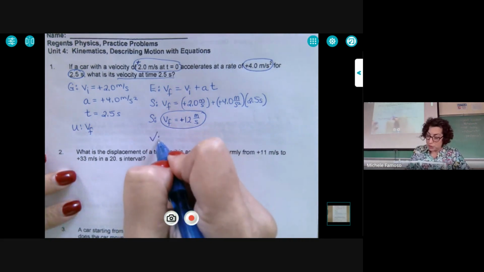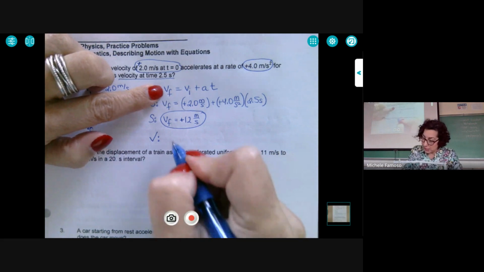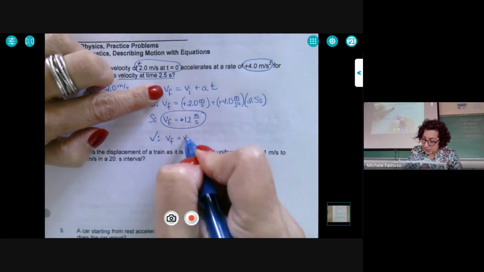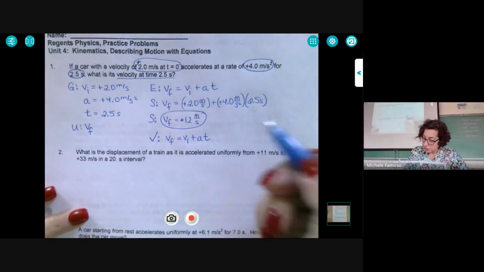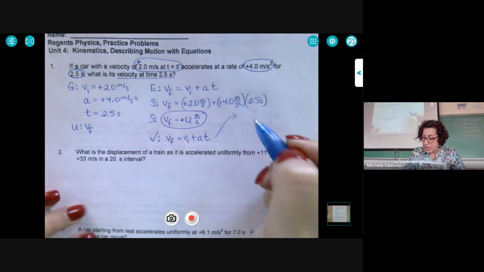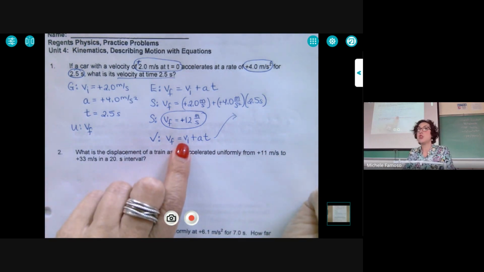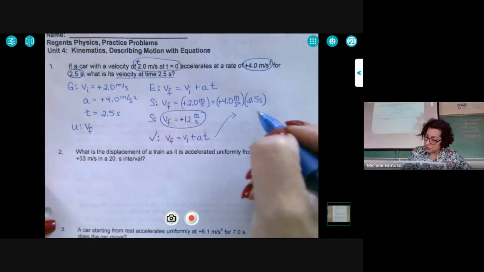Now we have to do our dimensional analysis step. The way we do our dimensional analysis step is by starting to recopy the equation that we substituted into. And now what we're going to do, I ran out of room here, so I'm just going to continue over here, is I'm going to determine using only the units of the measurements on the right, what units I should get for my answer.